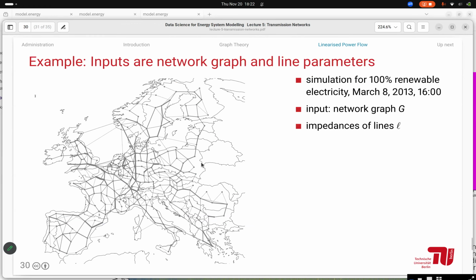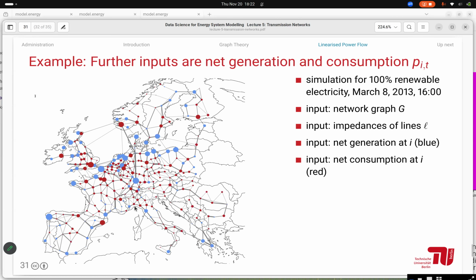And we have been given this graph here. What comes with this is basically the incidence matrix and the cycle matrix. That information we just get from this topology, and the impedances, the XLs of the lines, we also have given. And we are also given the power imbalances.